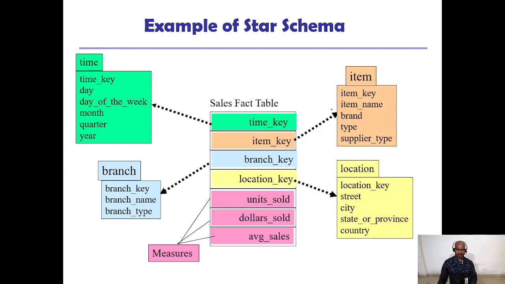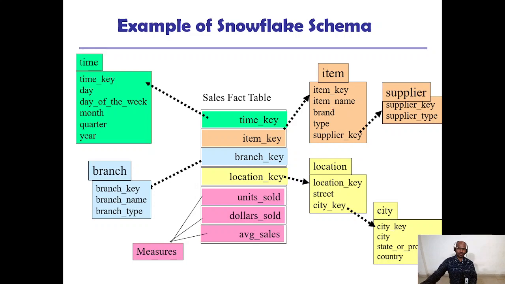And the slight improvement of this star schema is snowflake schema. So this is also the same. In star schema also we have a fact table called sales fact table, with different attributes or items, and each item is connected to some dimensional table.